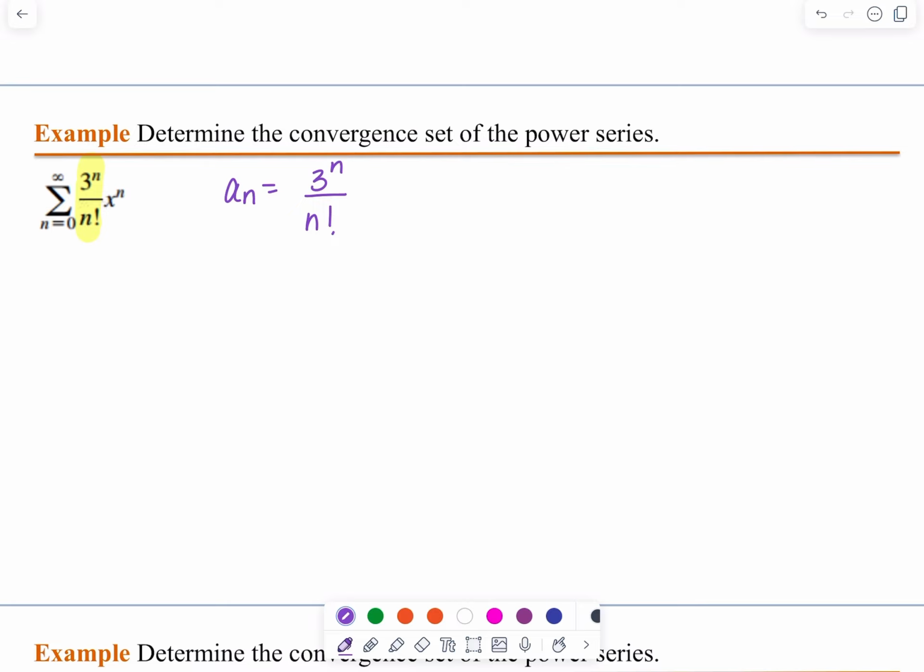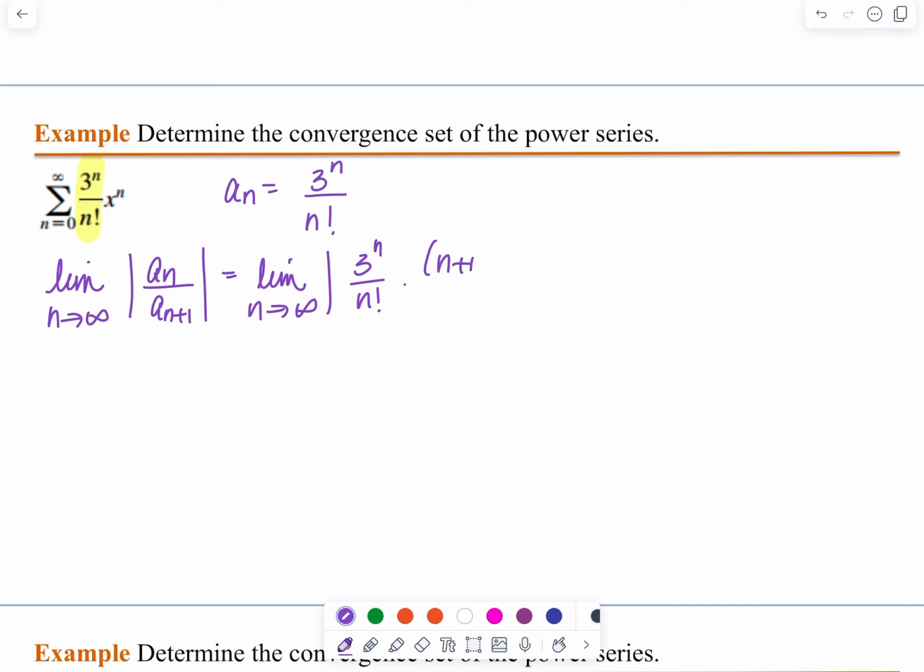So we're going to take the limit as n approaches infinity of the absolute value of a sub n divided by a sub n plus 1. That's the limit of 3 to the n divided by n factorial, multiplied by n plus 1 factorial over 3 to the n plus 1.